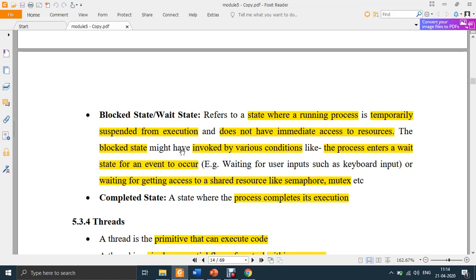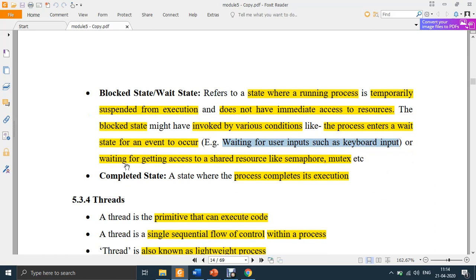The blocked state might be invoked by various conditions, like the process entering the wait state for an event to occur, like a key press, or waiting to get access to a shared resource. So let's say it wants to access the printer, but currently the printer is being accessed by some other process.